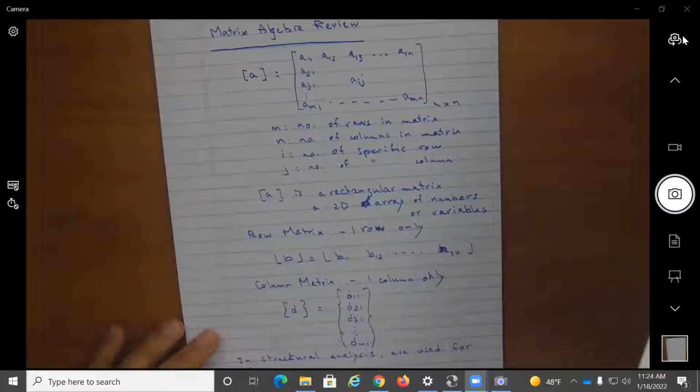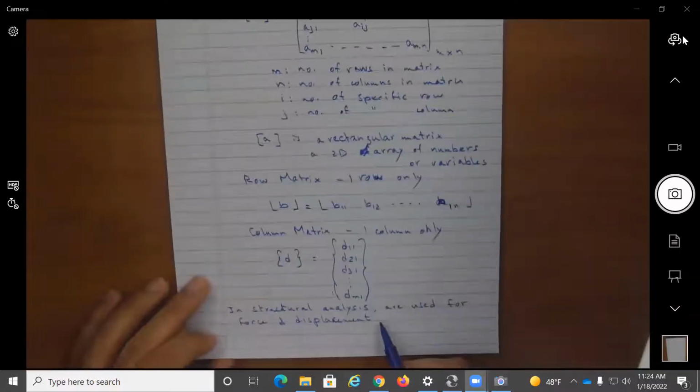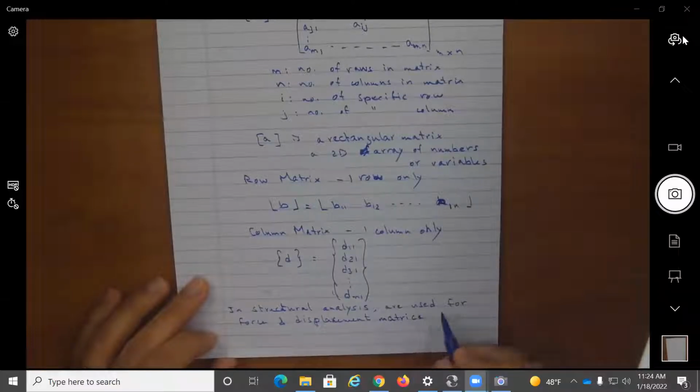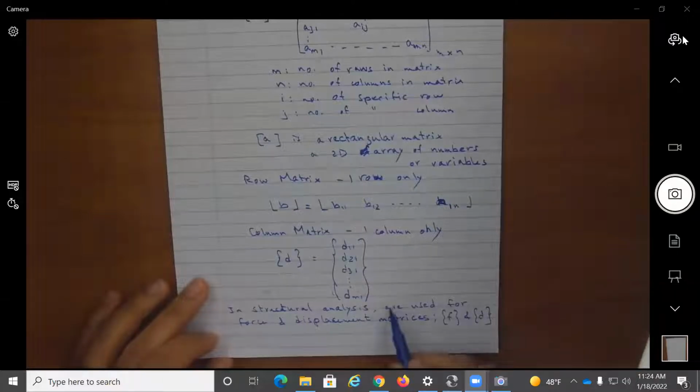Force and displacement matrices, F and D. In structural analysis, when I say are used here, I meant the column matrices.